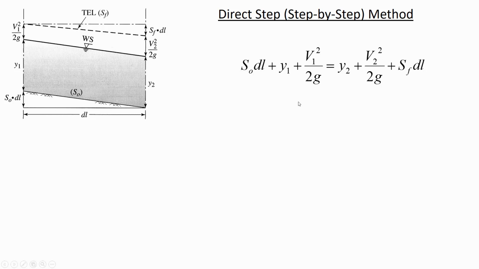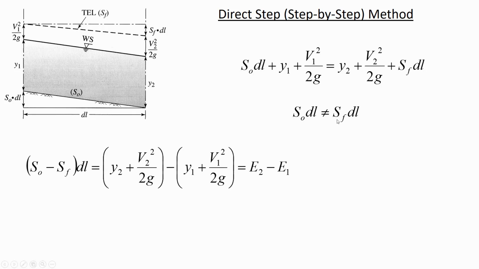So what this equation is saying is that we can account for where the energy is at location 1 compared to the components of energy at location 2. And it has those different pieces that we've just talked through. And because the two slopes aren't equal, then that means that these two elevations, the excess bed elevation at 1 and the energy loss at 2, aren't equal either.